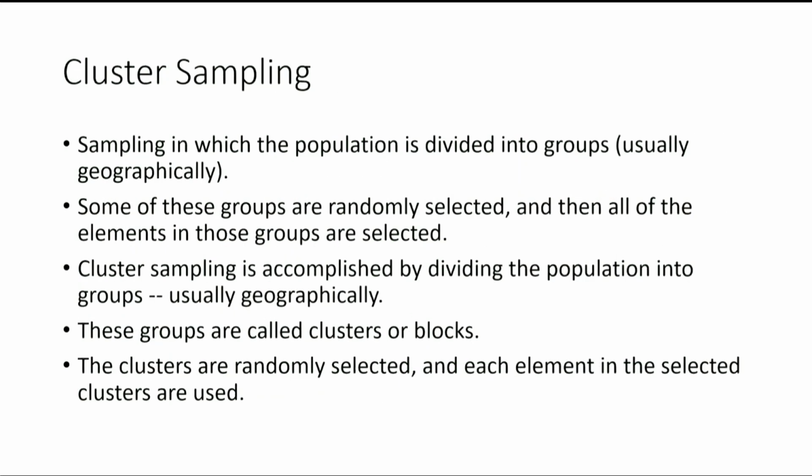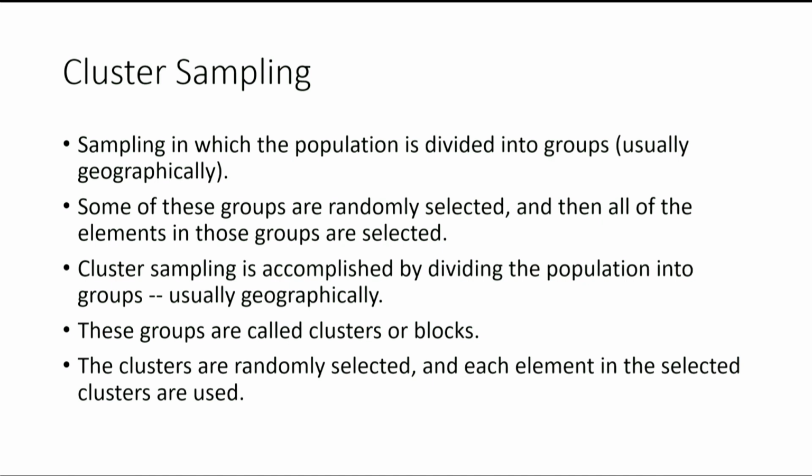The next one is cluster sampling. Sampling in which the population is divided into groups, usually by geographical location. As we have it in Nigeria today, we can use our geopolitical location, like southwest, southeast, north central, northwest, and so on.